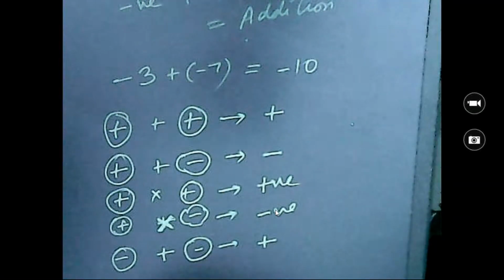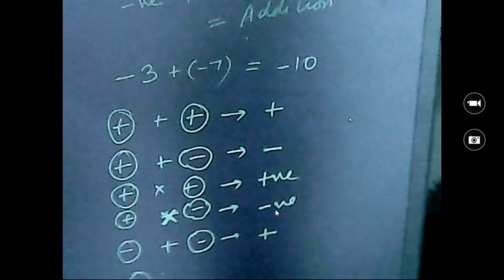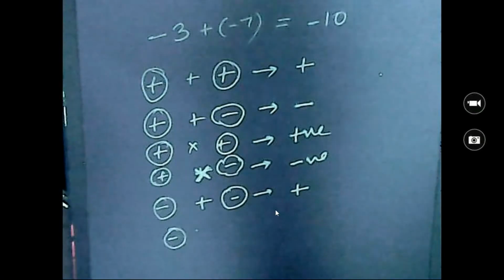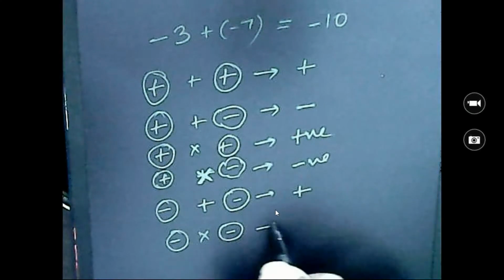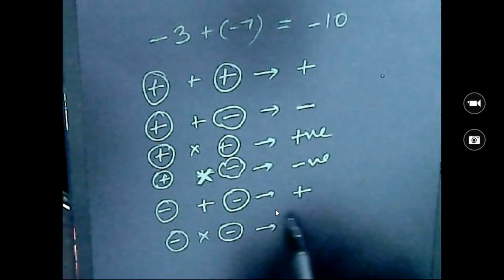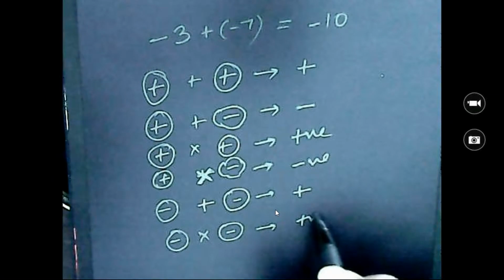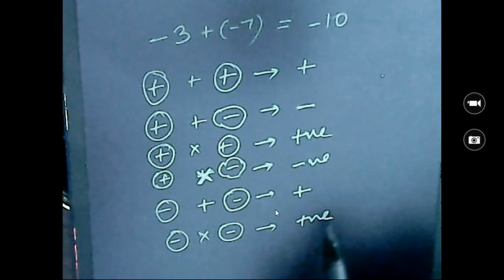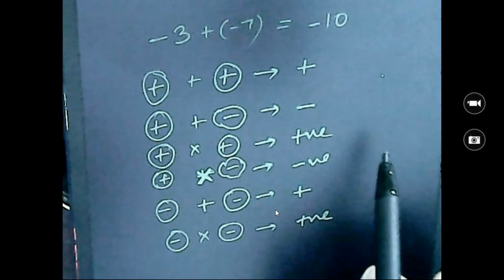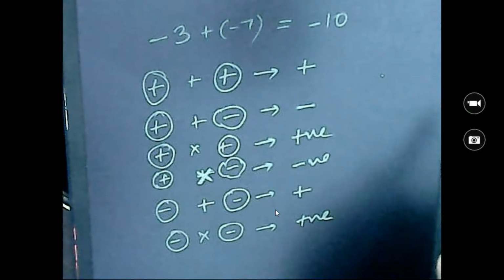Similarly, if we have minus multiplied by minus, again the sign will be positive, right? So these are the cases that we need to keep in mind, and if you try this in a few questions, it will be really helpful for you to understand it.